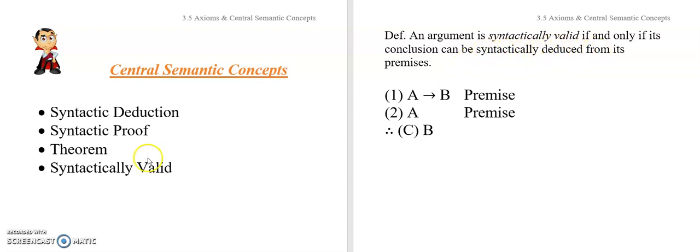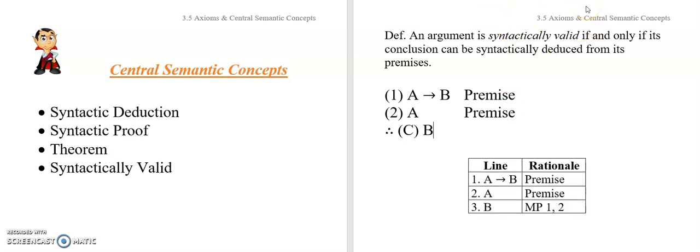And notice syntactically deduced is this concept: if and only if there is a syntactic deduction of its conclusion from its premises. And so this argument here that we just pulled out of a hat at random is in fact syntactically valid, and you can demonstrate that it is syntactically valid by providing a syntactic deduction of its conclusion from its premises, like this one.